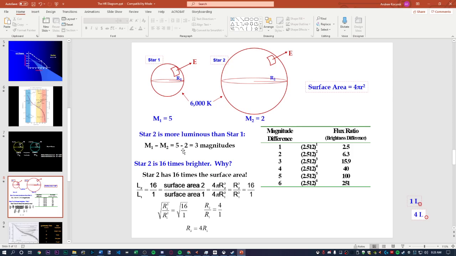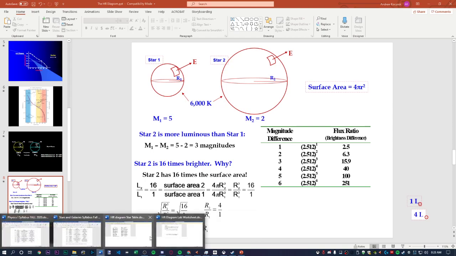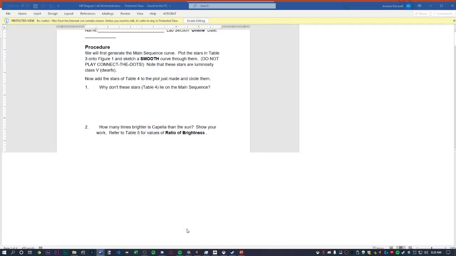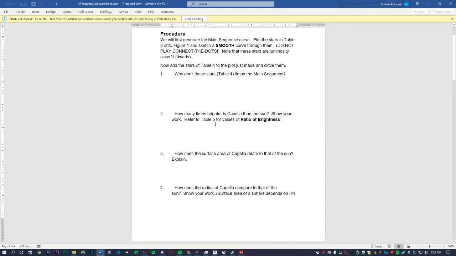Why is that? Well, it's because it has 16 times the surface area. So, for instance, whenever you go to your lab, it says, how many times brighter is Capella than the sun? Well, it's going to be X amount times brighter. How does the surface area of Capella relate to the sun? Well, it relates because it has that much surface area compared to the sun.